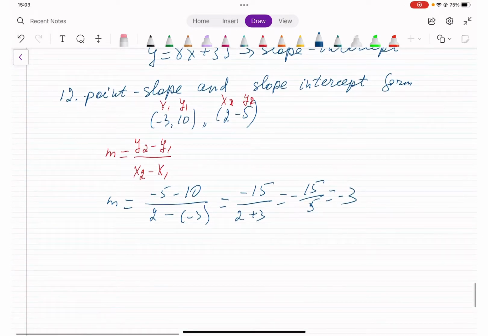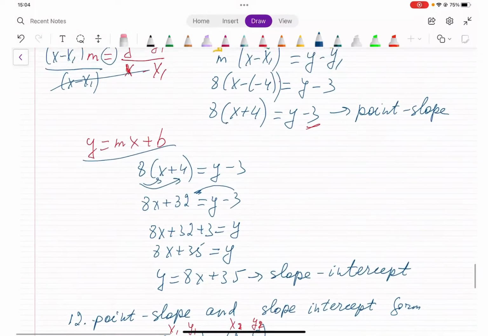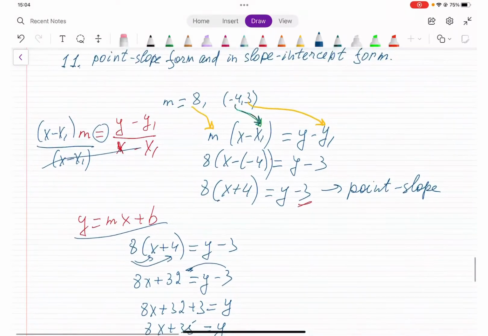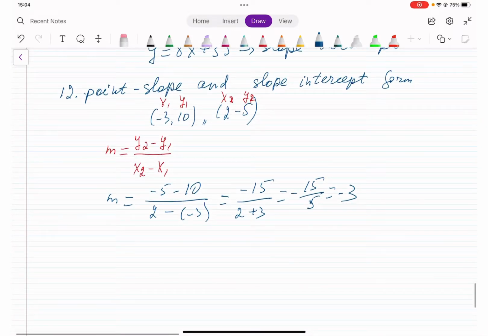Now we need to write it in the form of point slope. How are we going to do it? Precisely the same way we did in example 11. We take the slope, and we take any point, where I can take either the first point or the second point. So m is equal to -3, and let me take the first point, which is -3 and 10.